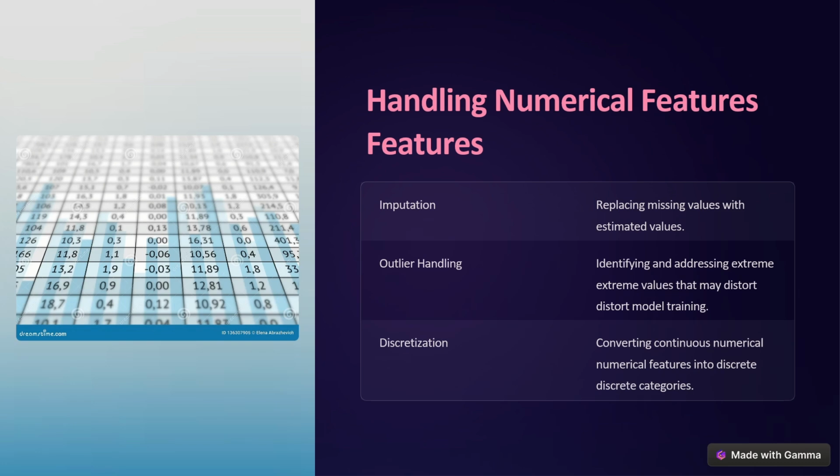Handling different types of features is the key. Numerical features. You might need to fill missing values, handle outliers, or turn continuous values into categories. Basically, we will handle many features like numerical features and categorical features. Second is categorical features.